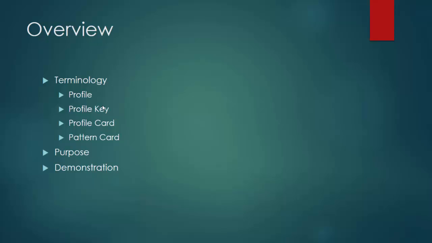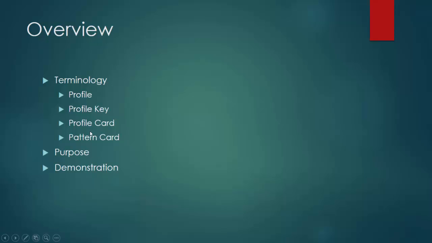It's a very basic example, but you could have a pattern card that says if their profile key value for article content equals 5, then they are in the article pattern card.